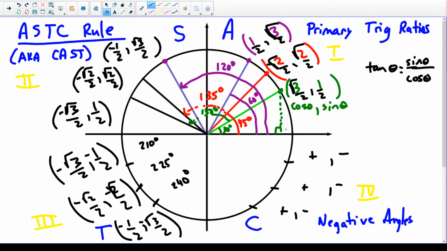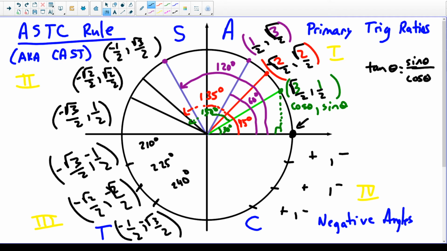What would be the coordinate of this point right here, chat? So let me give you a hint.